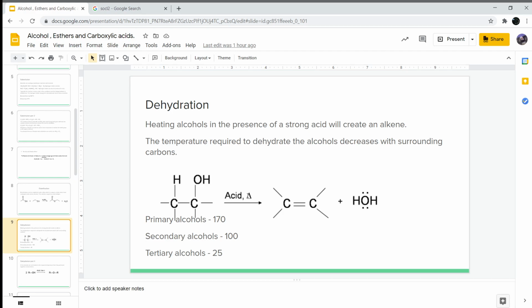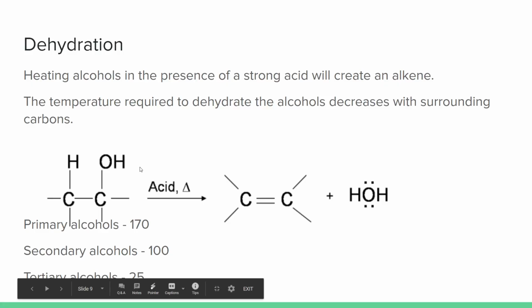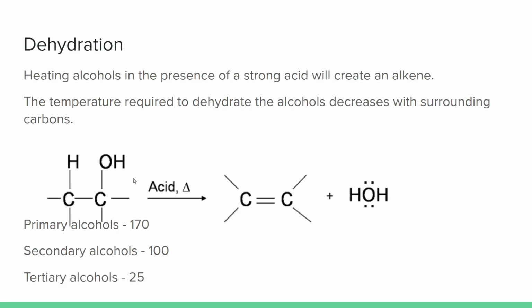The temperature at which we have to do this is going to be dependent upon what type of alcohol it is. If it's a primary alcohol, we're going to have to do that at a relatively high temperature, at 170. A secondary alcohol has to be at least 100 degrees, and a tertiary is going to only be about 25 degrees.